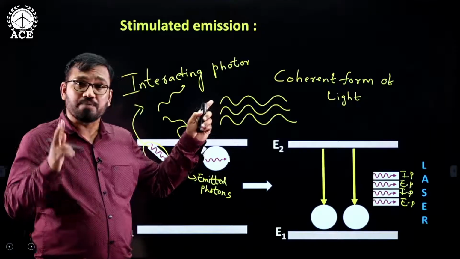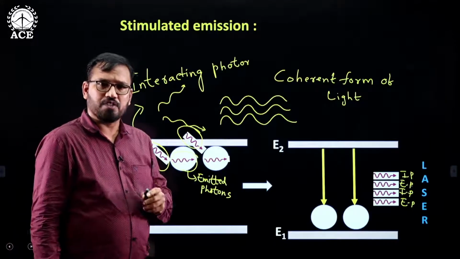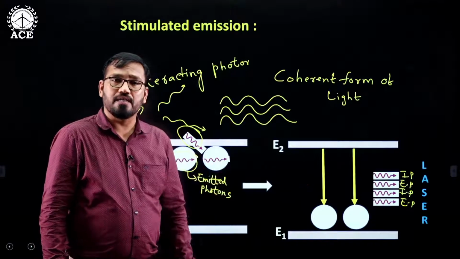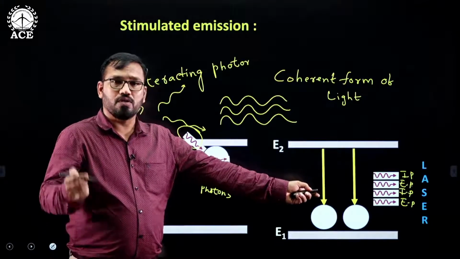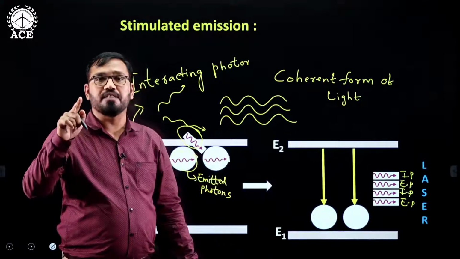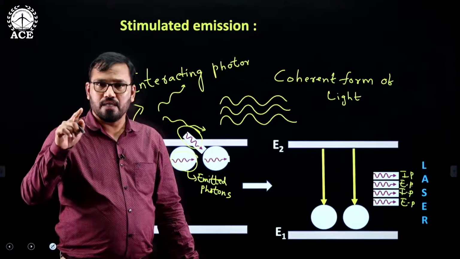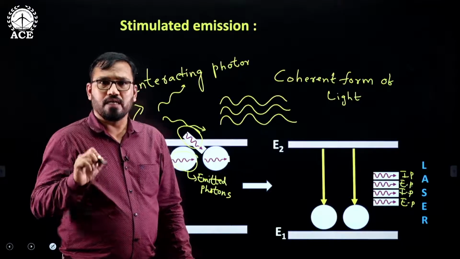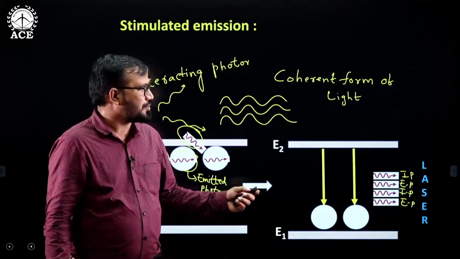Light is amplified, meaning strengthened. Two types of emissions we have: spontaneous emission and stimulated emission. In which emission do you get laser light? Stimulated emission. So stimulated emission is the most important concept needed to understand laser action.